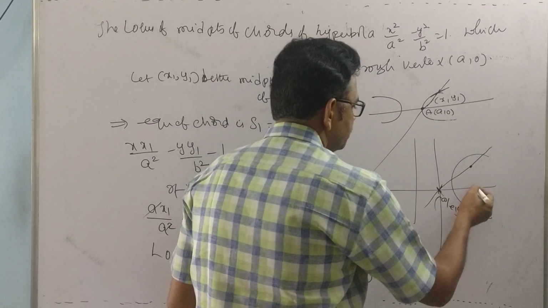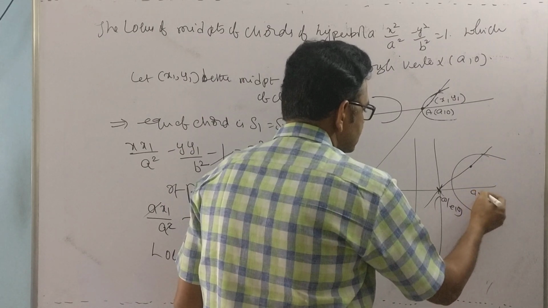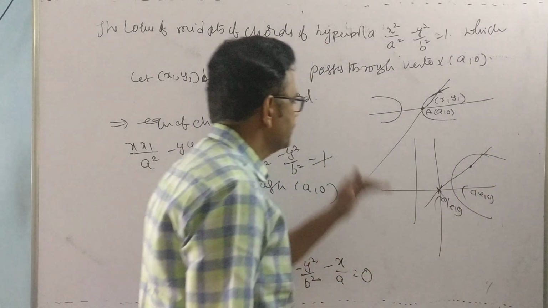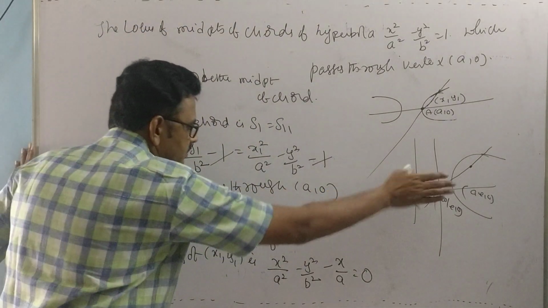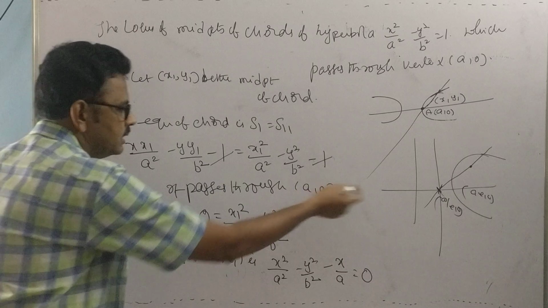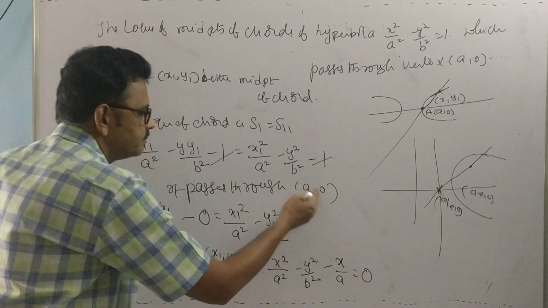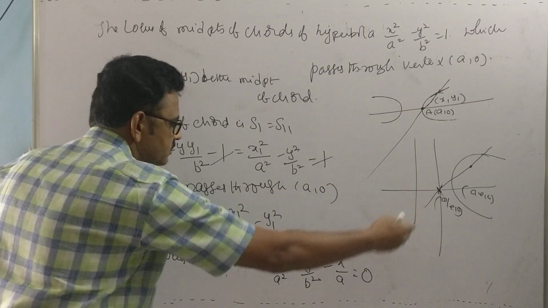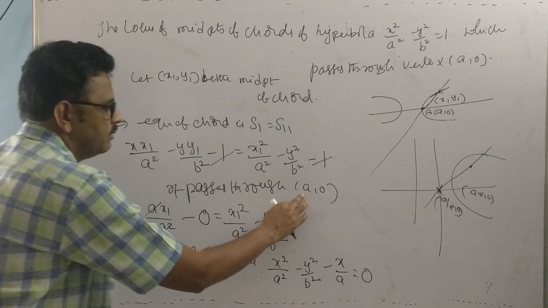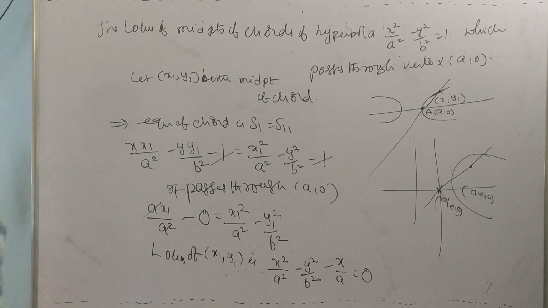Sometimes the locus of midpoints of chords which passes through the focus, that is (ae, 0). Same process for all problems. Passes through one end of latus rectum, that is (ae, b²/a). So all models are same.